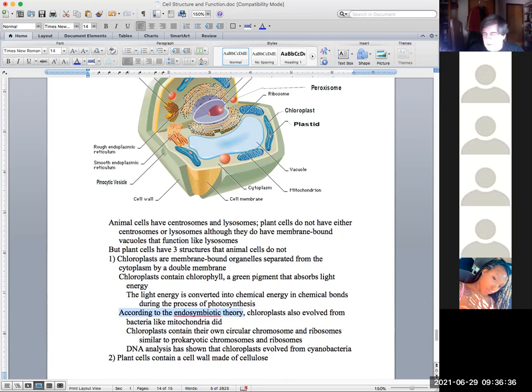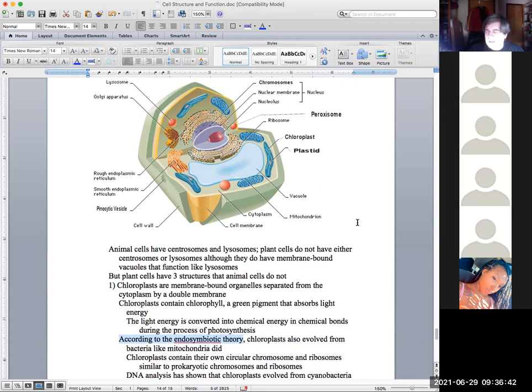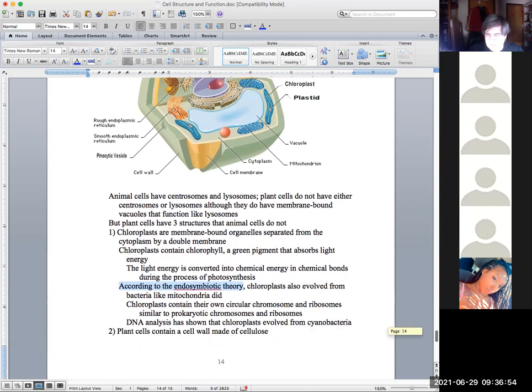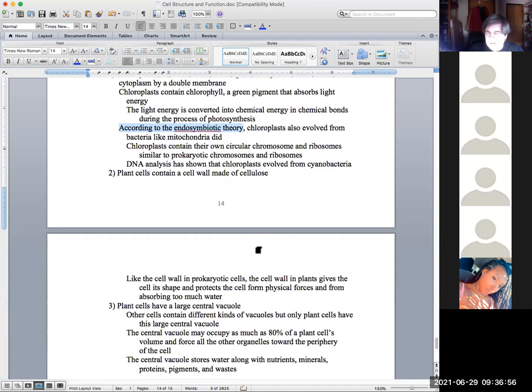So this is one of the things that we find in plants that we don't find in animals. Now notice, chloroplasts are a specific example of something called a plastid, but there are different types of plastids, and some plastids are found in animals, but not chloroplasts.